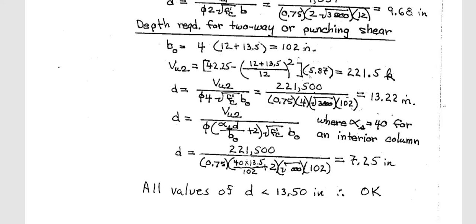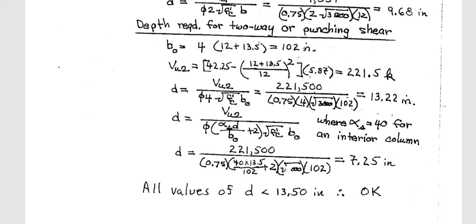Okay, we'll see the other equation now. There's another equation here, Vu2, that means the punching shear force. This is alpha s d over b naught plus 2, times root f prime c b naught. This equation is in your book. It is another equation for punching. What is alpha s? It is like a constant.